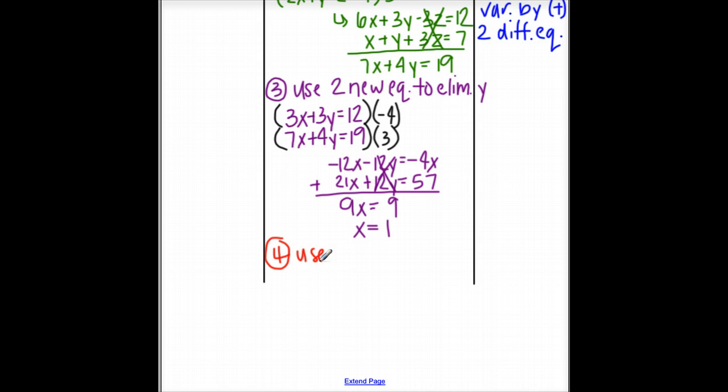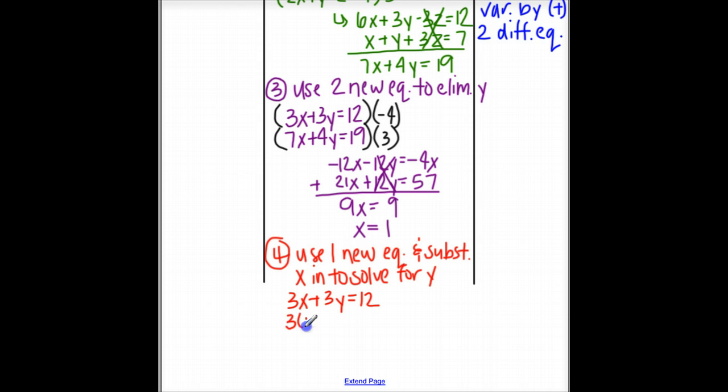I'll put in 1 for x, so 3 times 1 plus 3y equal to 12. So that's 3 plus 3y equal to 12. I subtract 3 from both sides, and that gives me 3y equals 9. Divide by 3 on both sides, and I get y equal to 3.